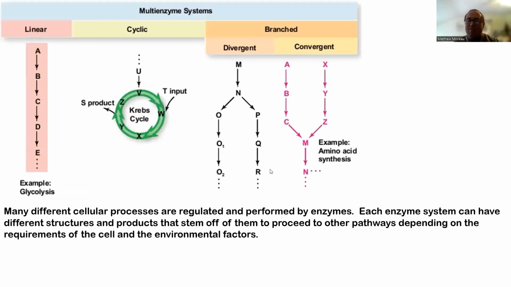So biochemical pathways in and of themselves come in different forms. There are linear and cyclic. A linear example: these just make a product, it goes through an enzyme, makes another product, makes another product through another enzyme. One example of this is glycolysis. So glucose needs hexokinase. Hexokinase creates that linear form of glucose, so glucose 6-phosphate.